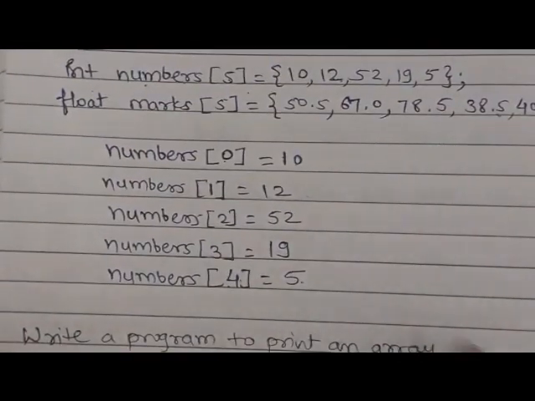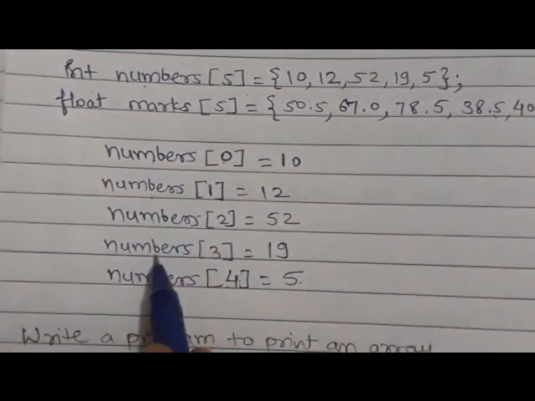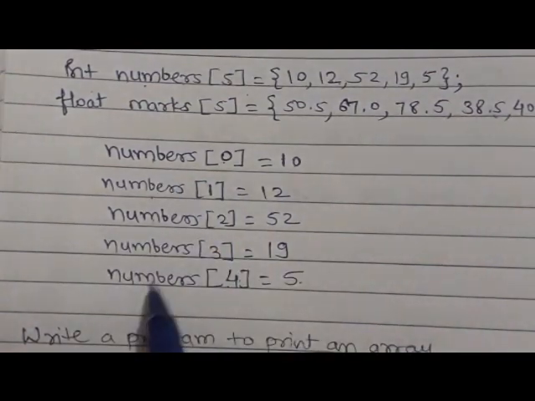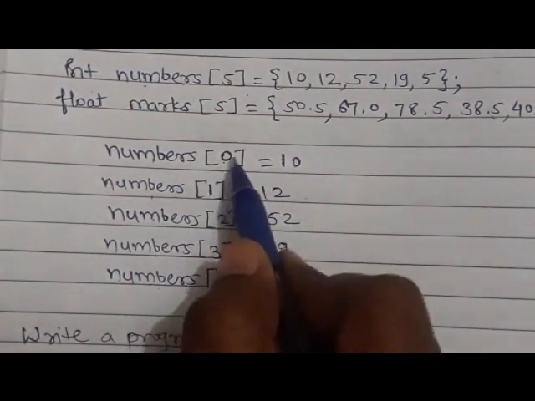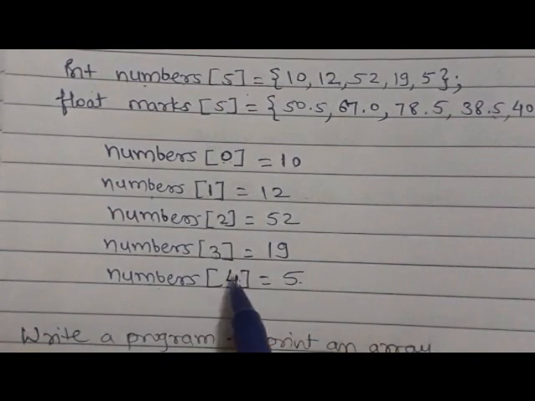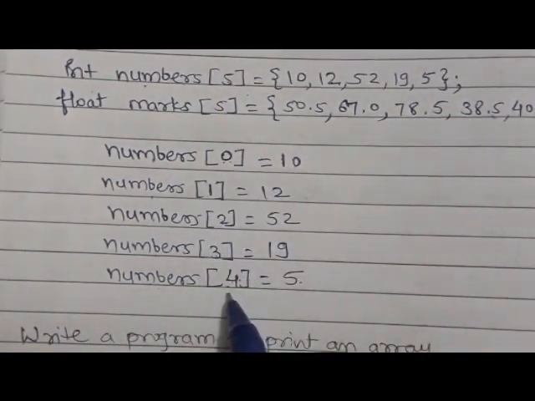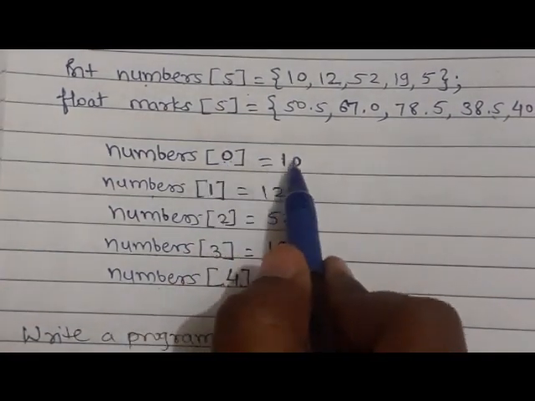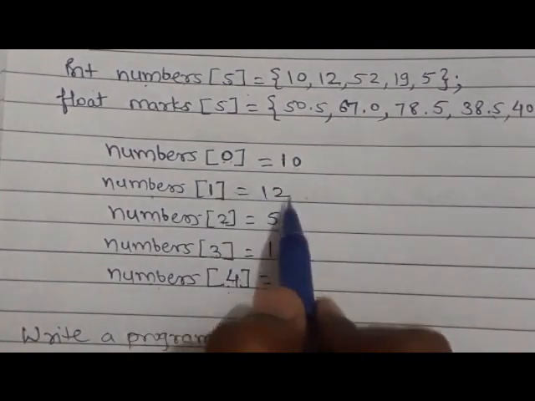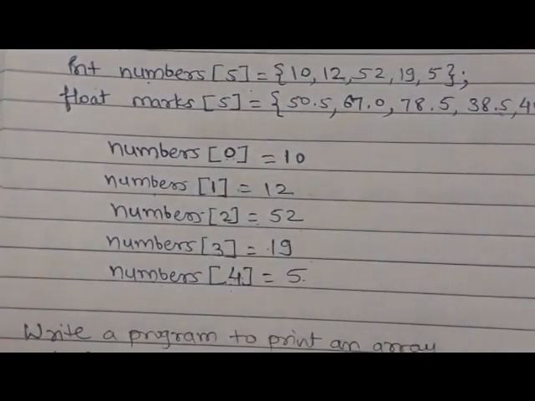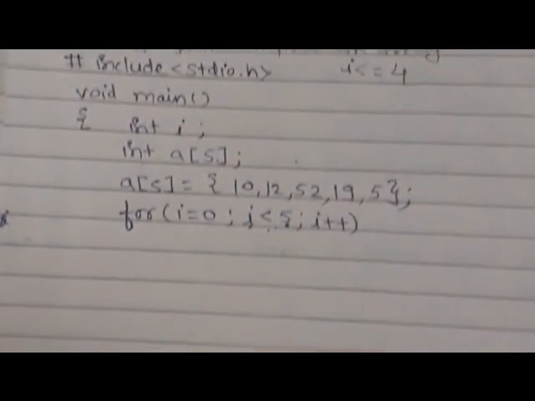Here you can see that the name numbers remains as it is; only this value changes: 0, 1, 2, 3, 4. When this value changes, its corresponding value will also change. So the same thing we will use over here.